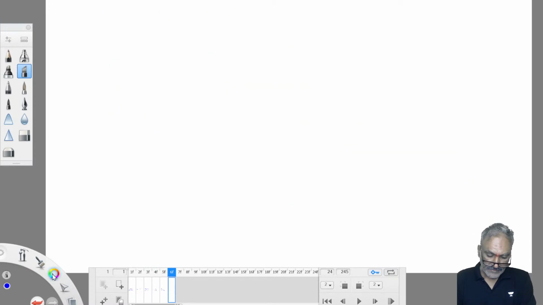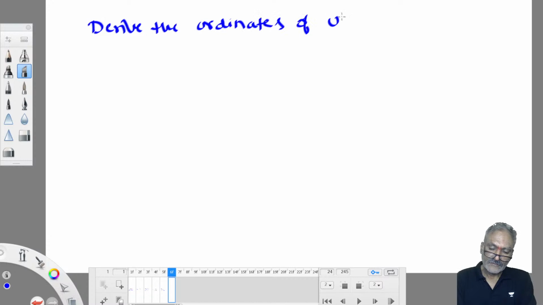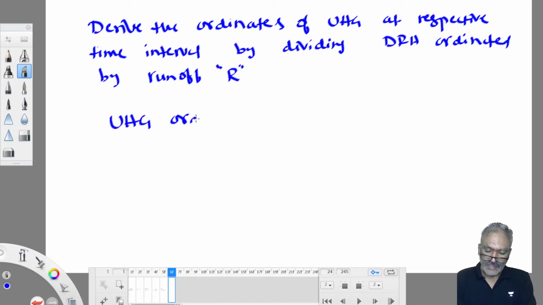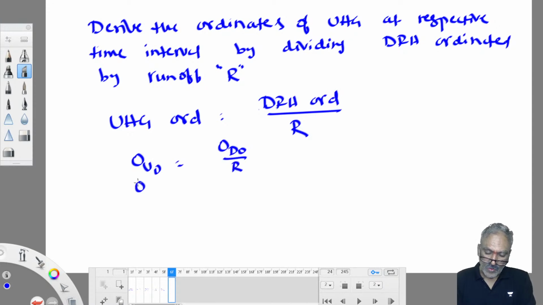Then we derive the ordinates of the unit hydrograph at respective time intervals by dividing the direct runoff hydrograph ordinates by the runoff R. So unit hydrograph ordinates equal direct runoff hydrograph ordinates divided by R. That means OU0 is equal to OD0 by R, and OU1 is equal to OD1 by R. At respective time intervals, if you divide, you get the unit hydrograph ordinates.